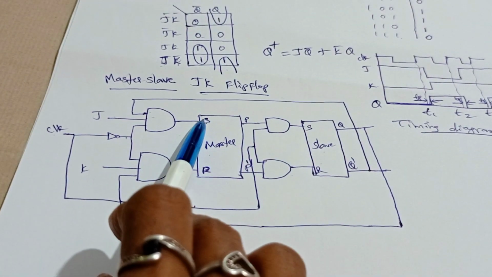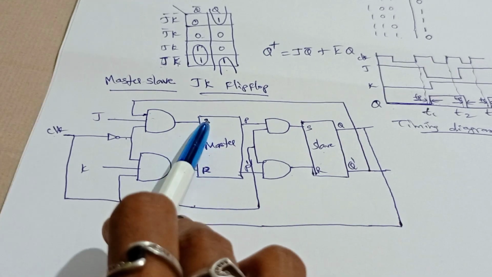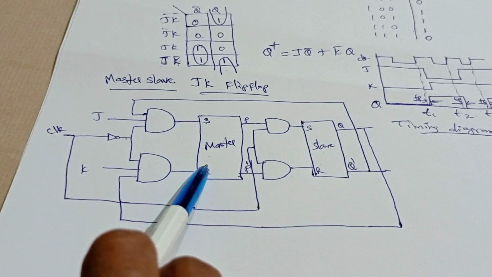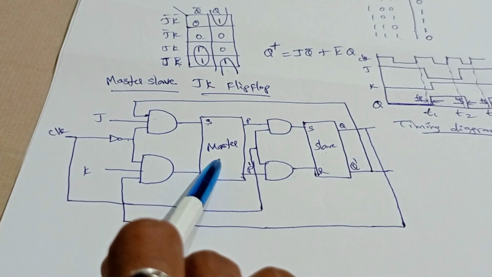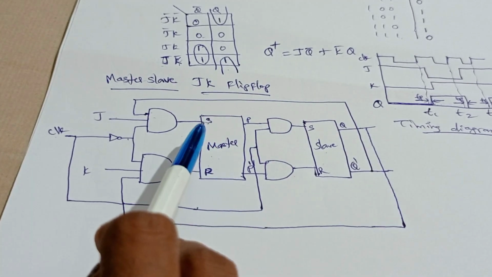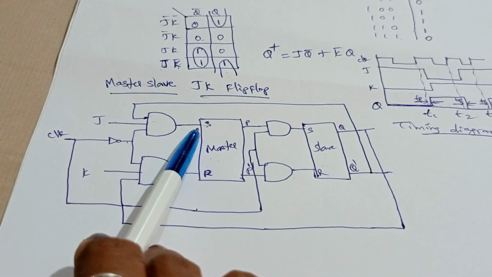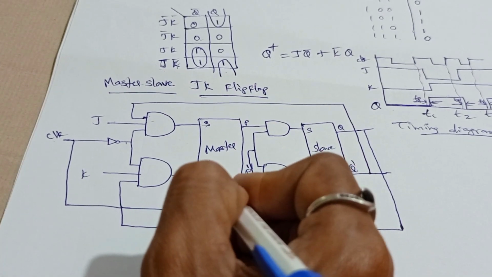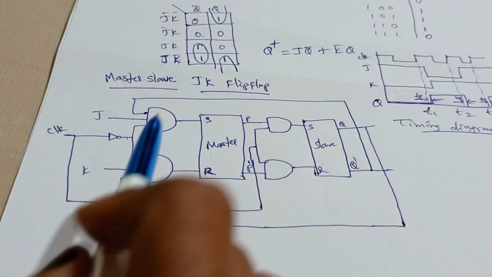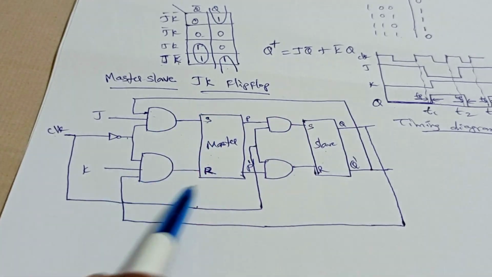Only one of the S or R inputs of the first latch, this is the first latch, can be 1 at any given time. That means either S is 1 or some other time R should be 1. Either any one should be 1 for the first latch.